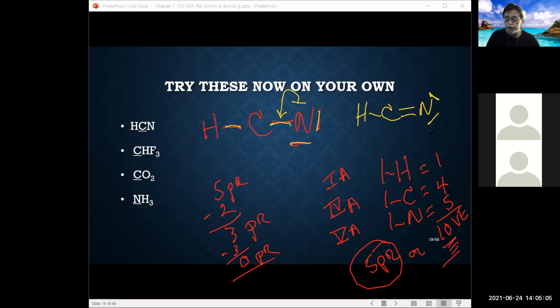Check on the octet. Nitrogen's still happy. We didn't do anything. We just made a double bond, but it still has 8 around it. Carbon, on the other hand, went from a total of 2 pair to 3 pair. That's only 6 valence electrons. Still not happy, right? So what do we do? We take electrons from one atom and put them in to make another bond, okay?